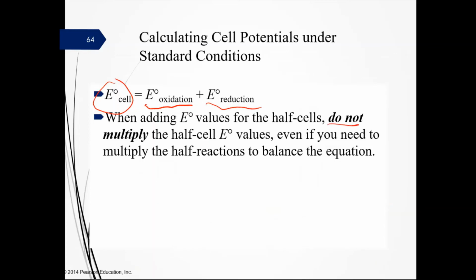So do not multiply the half cells, right? Because if we do more of that reaction, it just changes the number of electrons. It doesn't change the energy that they have. So it doesn't change the differences. It's like us adding in more water at the same height. We're going to change the current flow. We're not going to change the voltage of them. So as long as you line up your E cells to be how they should be written, then you just add them together.